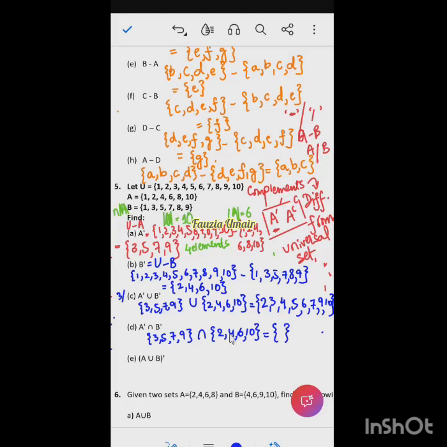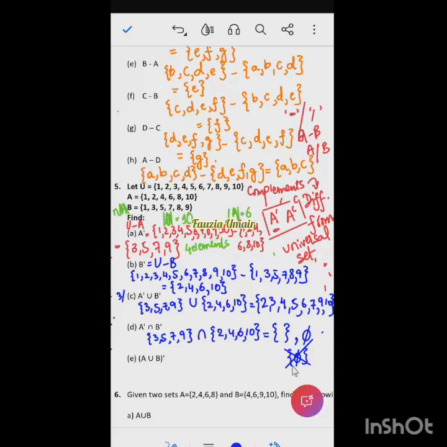Either you can write empty curly brackets, or you can use this symbol. This symbol is a symbol of a null set or an empty set, right? You can use any of the notations, but you cannot combine them. I told you this in the first class. This is wrong. Maybe your concept is clear and you are trying to say it is a null set, but writing it like this means this symbol is now an element of the set, which is wrong.